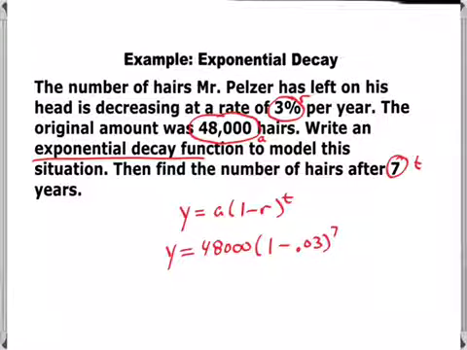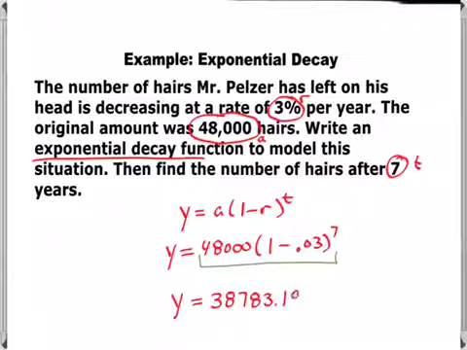So once again, we're going to plug this portion into our calculator. And so when we do that, we should figure out that after 7 years, Mr. Pelzer has 38,783.18 hairs left on his head. So he's not quite bald yet, but he's getting there.